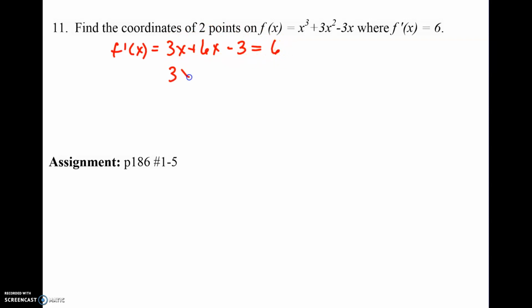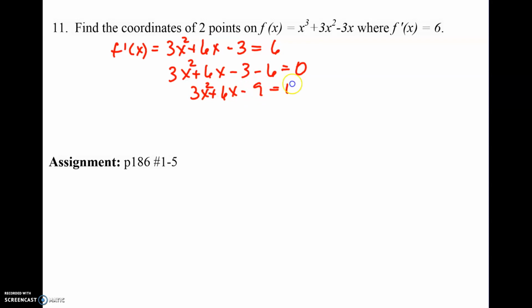So we've got 3x squared plus 6x minus 3. If I want to bring the 6 over to the left, I subtract it from both sides. I've got 3x squared plus 6x. Whoa. This was supposed to be a squared. Sorry, I hope some of you caught that on the way.